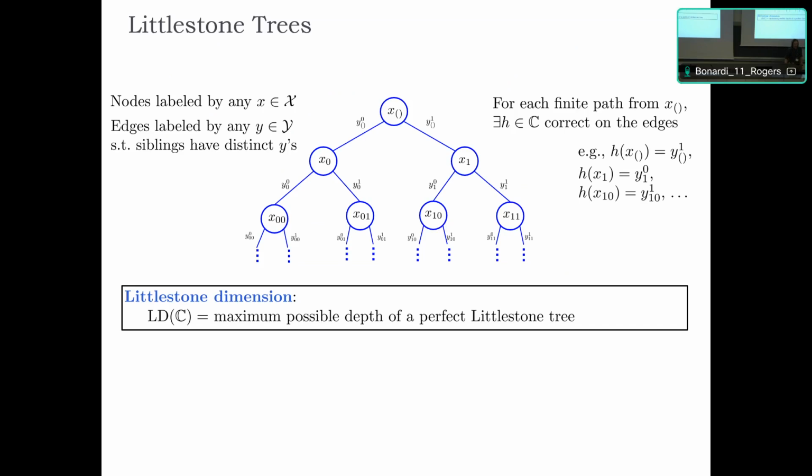So for every finite path, there has to be some concept that agrees with those labels. The Littlestone dimension is just the maximum possible depth of a perfect Littlestone tree for that concept class, where perfect just means all the leaves have the same depth, and every internal node has 2 children.